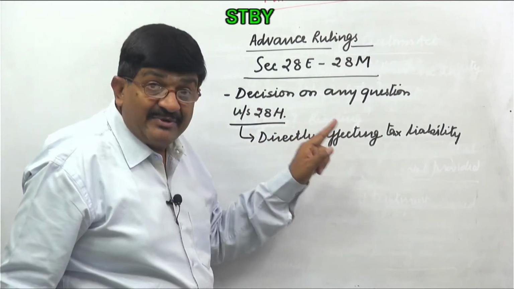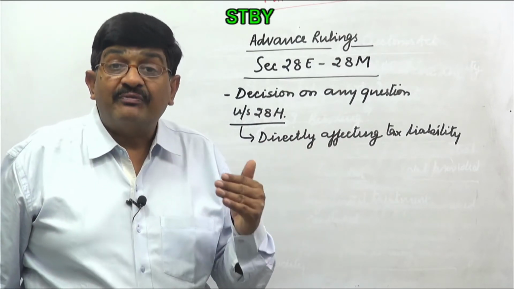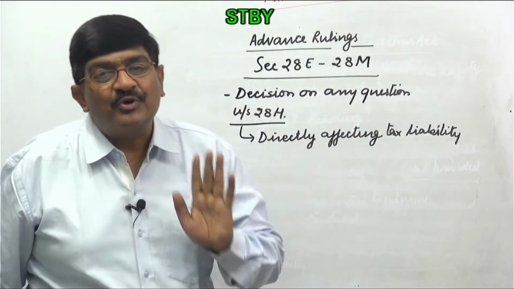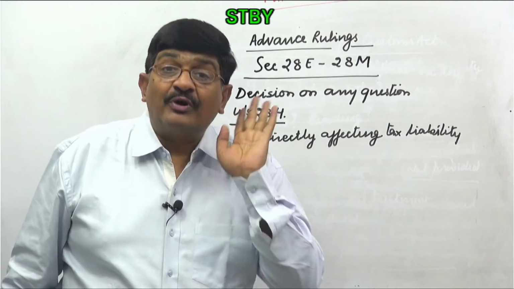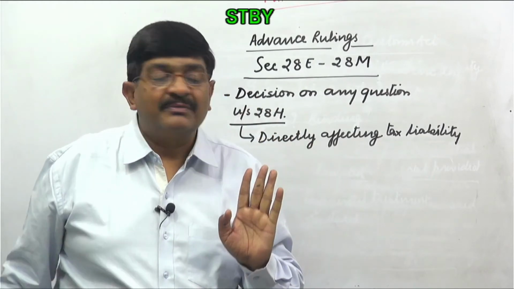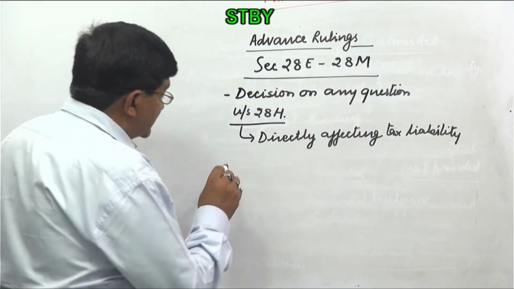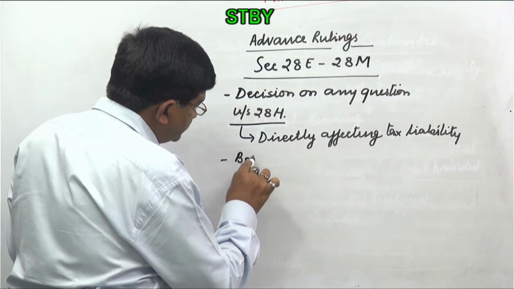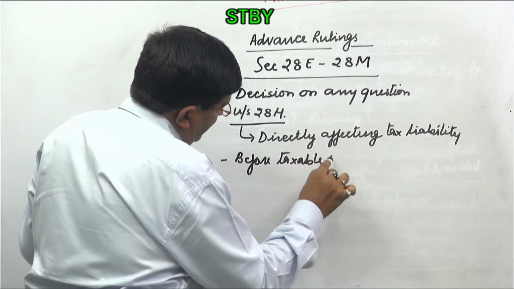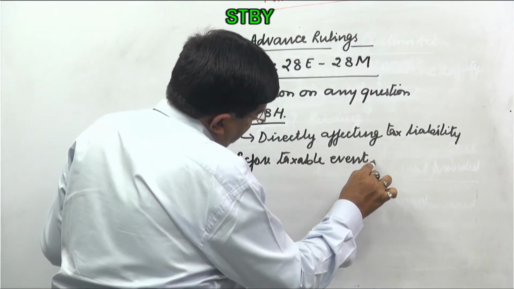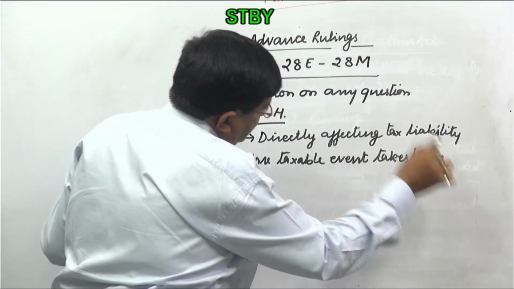And this tax liability is in relation to import or export of goods. But before import export takes place, because once the import export has taken place, taxable event has already happened, then nothing can be done. So this is decision on any question which is directly affecting the tax liability, but this is before taxable event takes place.